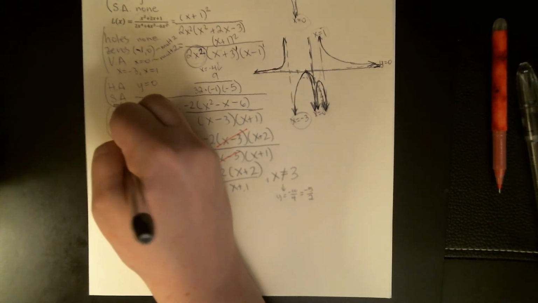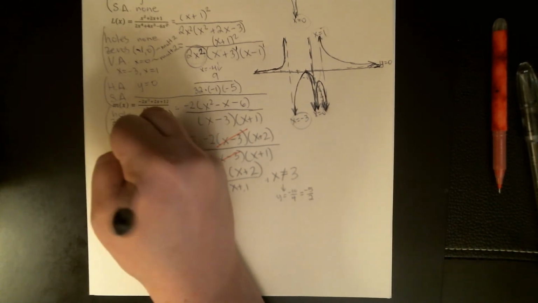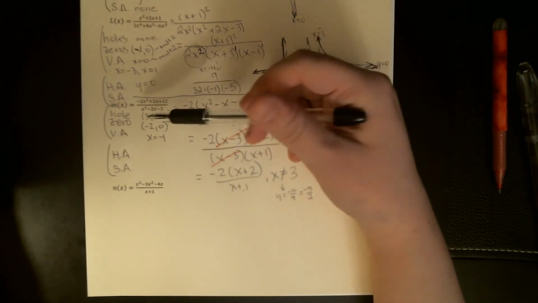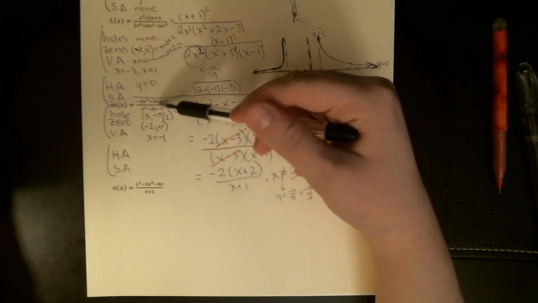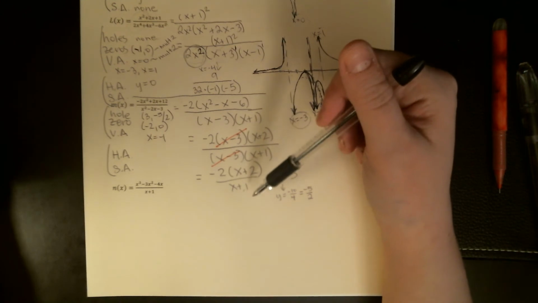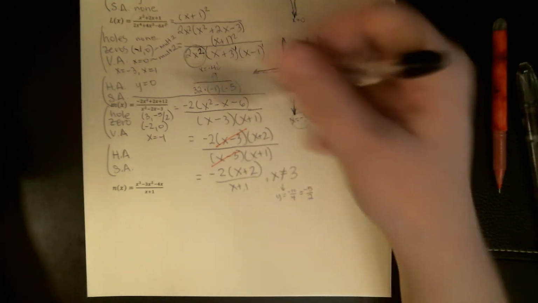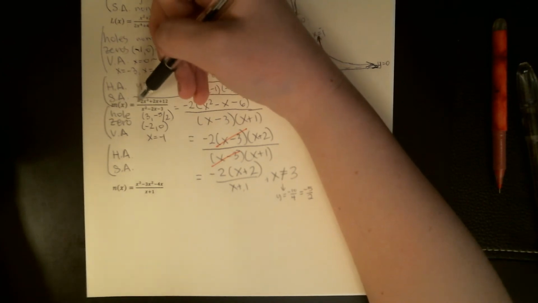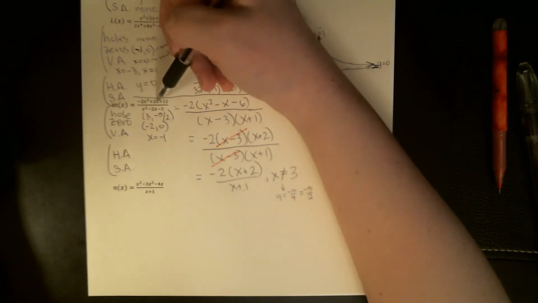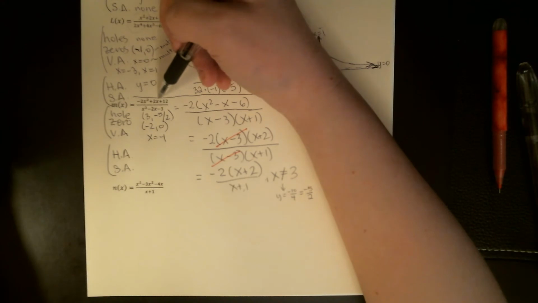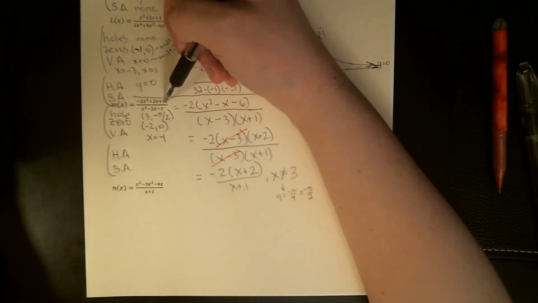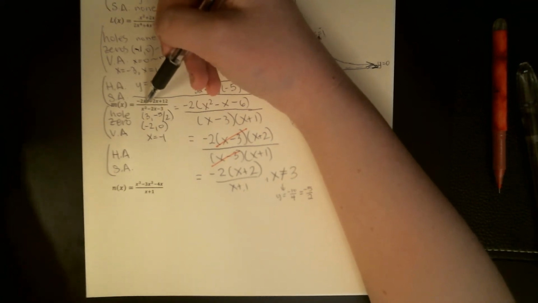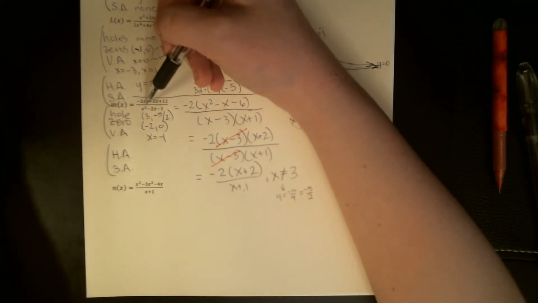And then horizontal versus slant asymptote. You can look at the first or the last version, any of them in between, but I like the first and the last best for this. So I'm actually going to look at the first this time. If I plug in 1,000,000, I get -2 times 1,000,000 squared plus 2,000,000 plus 12. The plus 12 is definitely not impressive when we're talking about numbers that big. And actually even 2,000,000 is not very impressive when you're talking about something with 12 zeros on it.